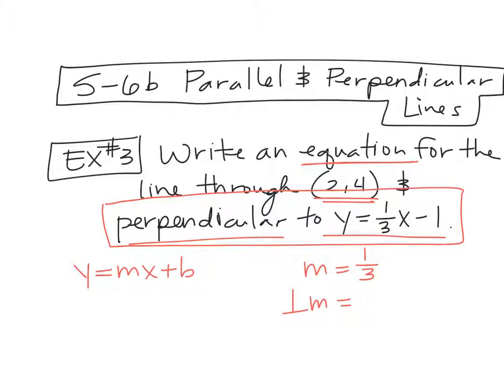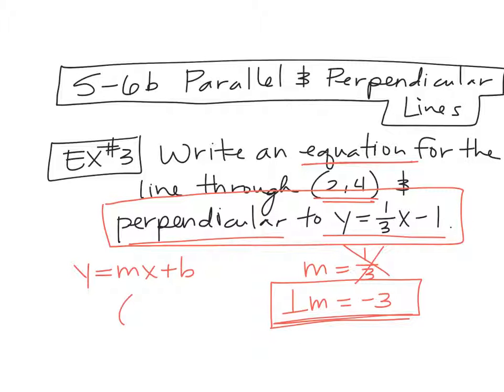The opposite reciprocal, okay? So what is the opposite reciprocal of 1/3? -3, right? Flip it over, so it's 3/1. It's positive, so make it negative. So -3 is the slope you're going to use, okay? You don't want to use the 1/3 anymore.